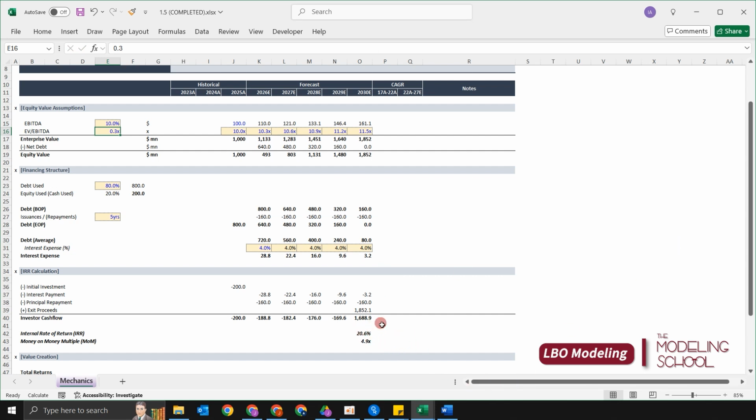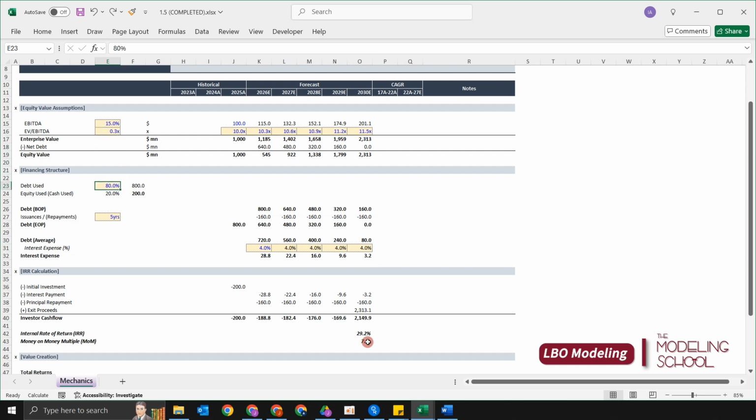Slightly sensitive, I would say. Let's change EV/EBITDA multiples to maybe no expansion at all, so put 0. And of course, prior to our 29% IRR, it drops, not slightly, but a considerable amount.